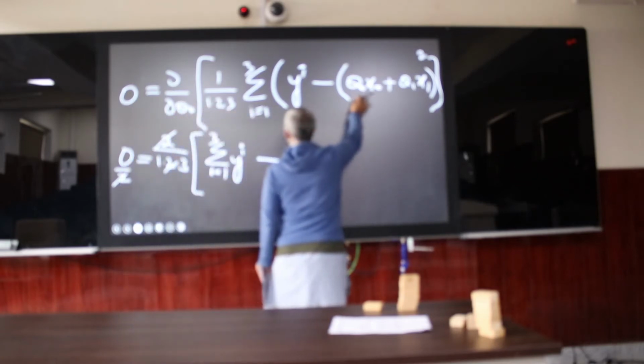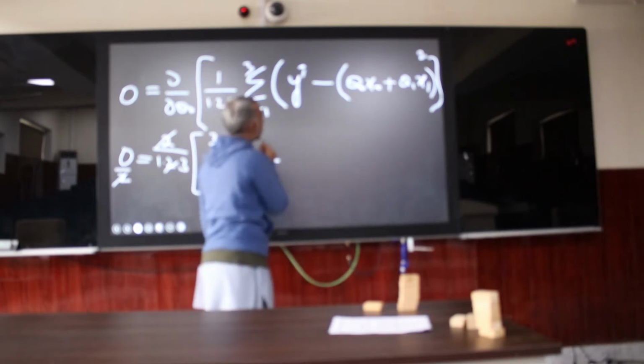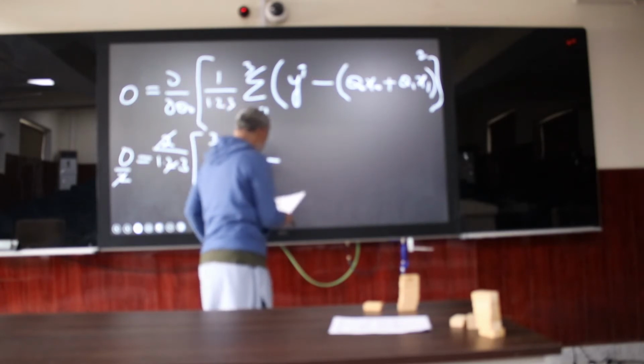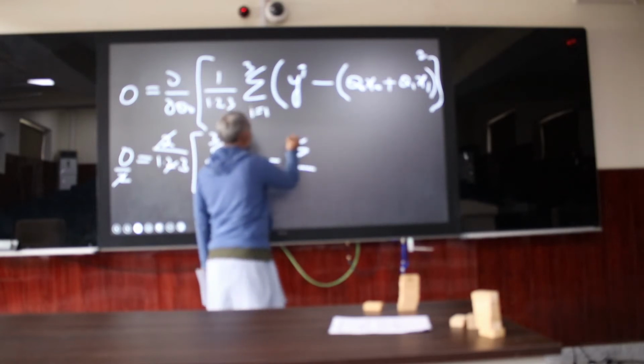Of course, we are considering the partial derivative with respect to this term. Then x0 should also be there. This is the inner term, okay? This is the inner term. You should consider this as it is.